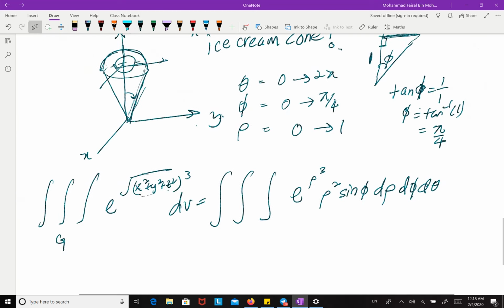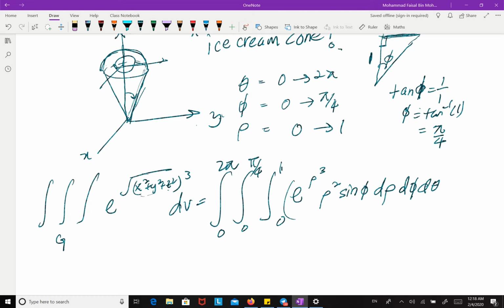Okay, keep writing, then you can remember. So your rho is from 0 to 1, your phi is 0 to exactly pi over 4, and your theta is from 0 to 2 pi. So now you already converted into spherical coordinates, you can integrate.